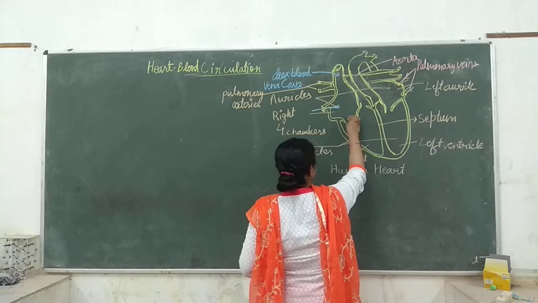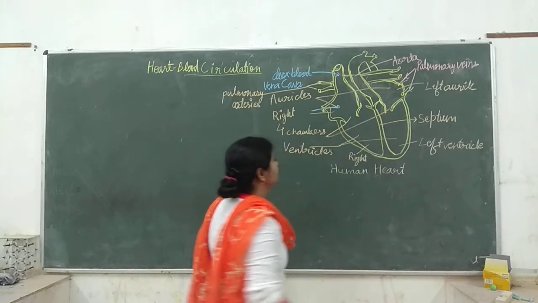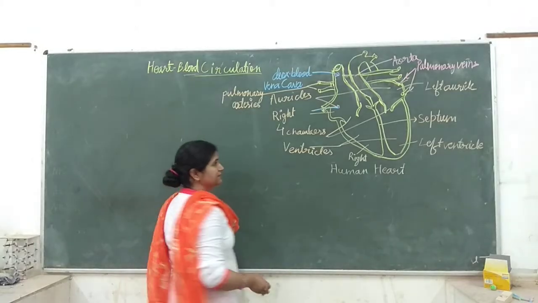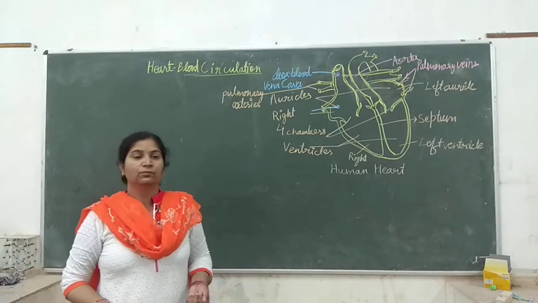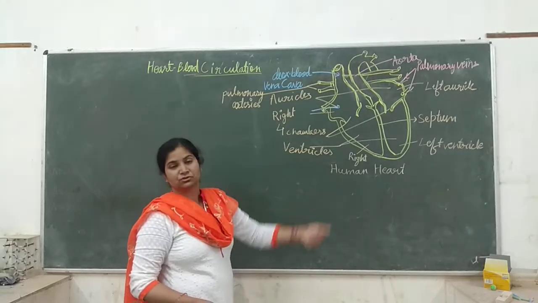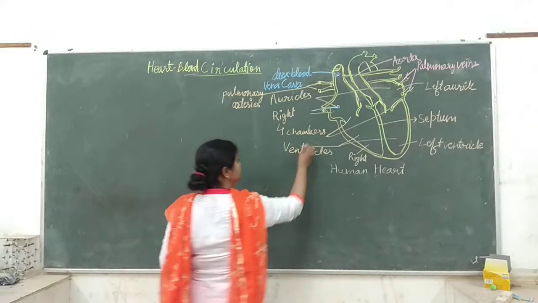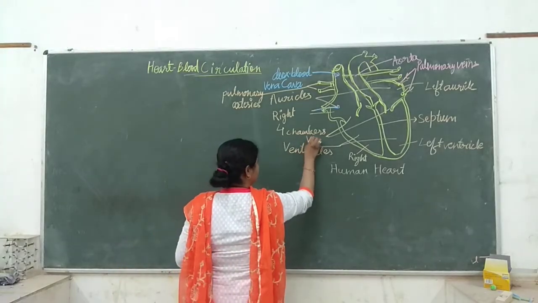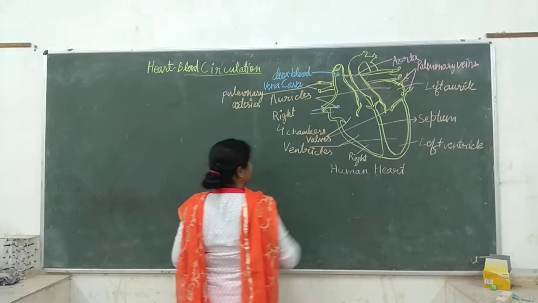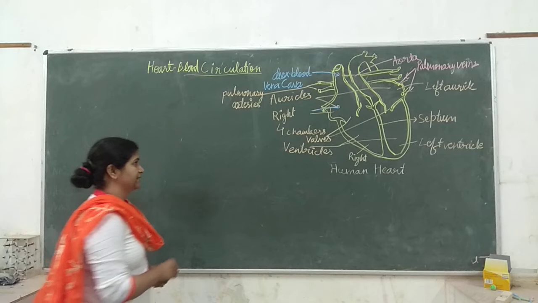These structures are like gateways of blood flow that allow blood only from the upper chambers to the lower chambers, and then they close just like a gate. These are known as valves. Valves are present between the upper and the lower chambers.